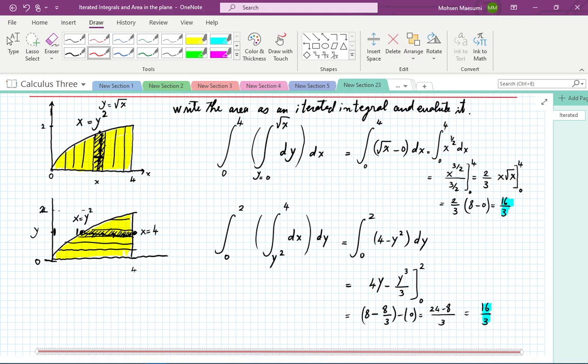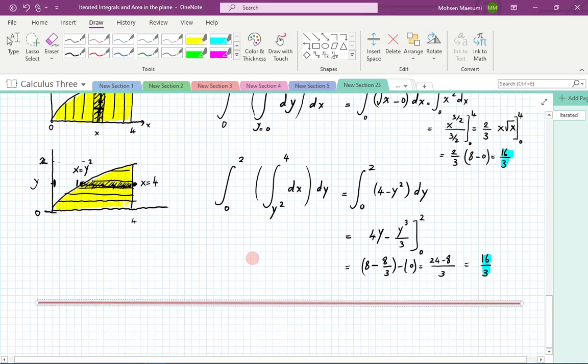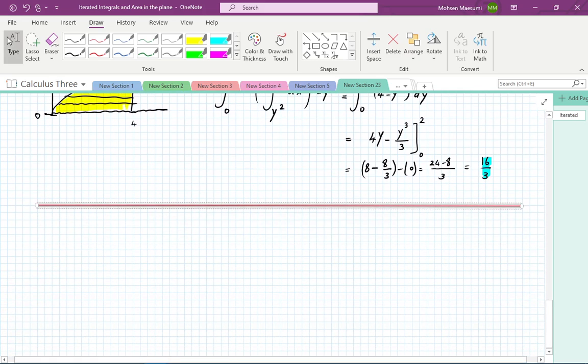Okay, sometimes in the problems that we deal with for writing the area, one of them is a lot easier than the other one. Sometimes one of them might be essentially impossible to do, while the other one is easy to do.